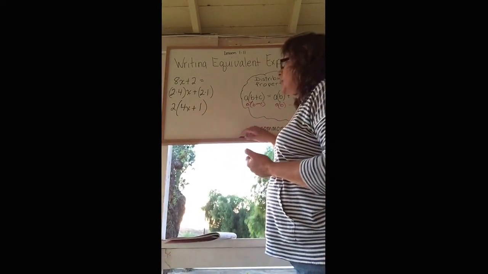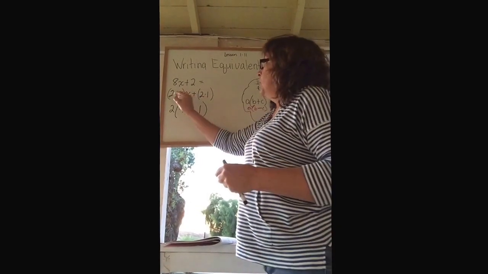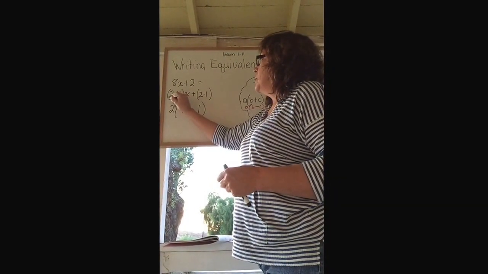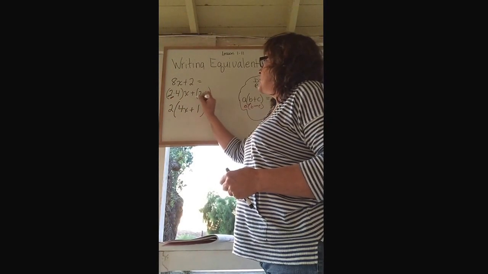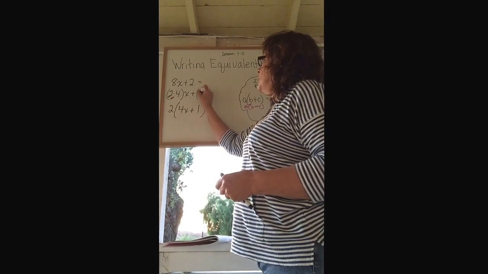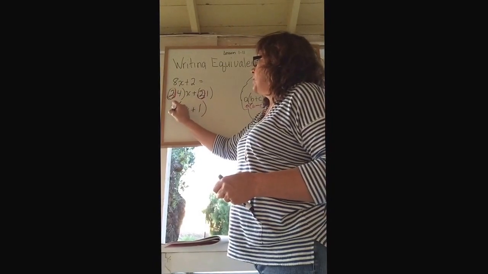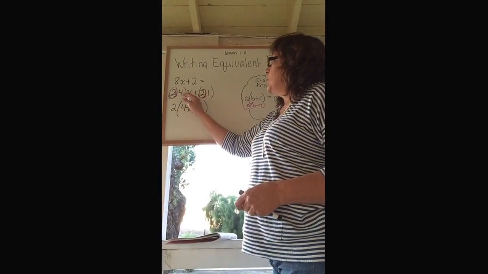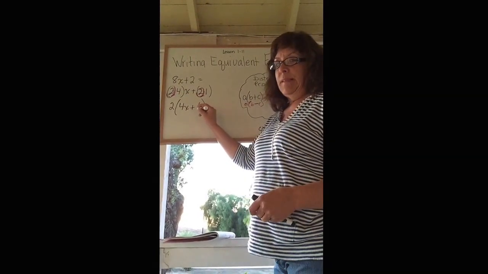Since we factored, we found that 2 is a factor of 8 and a factor of 2. So I took out the 2 here, and I took out the 2 there, and I put it in front of the parentheses. And what does that leave me with? 4x plus 1. Does that make sense?